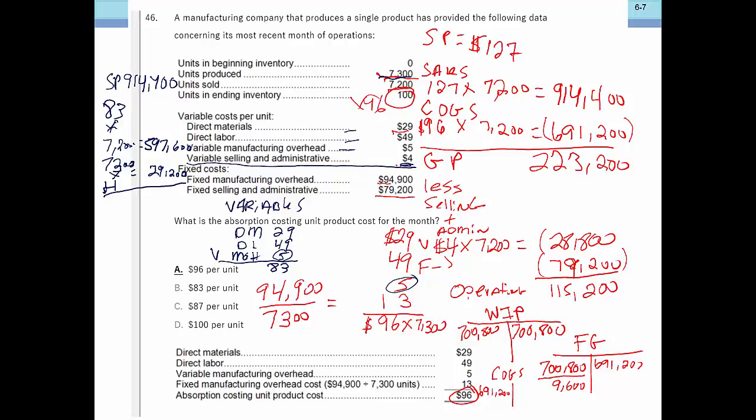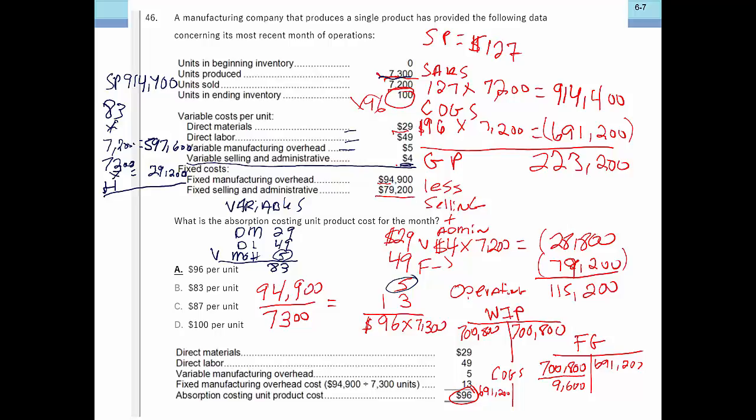I sold 7,200. That's going to give me 597,600. I'm just taking my variable cost off here, but only for the ones I sold. The ones that I didn't sell are not sold, so I'm not going to take the cost of those items off in calculating my operating income.